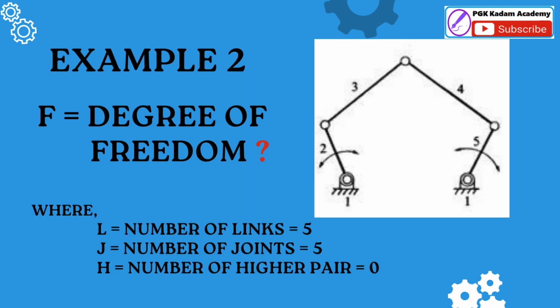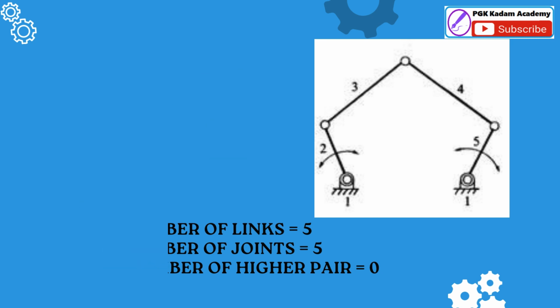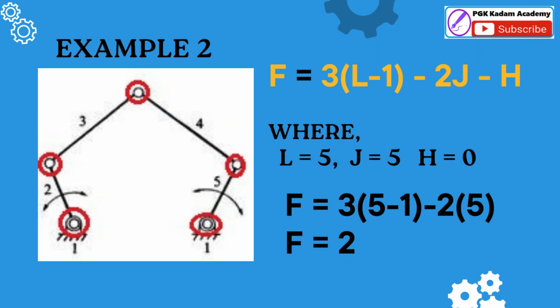Example 2, a 5-bar mechanism shown in the figure, to determine the degrees of freedom of a planar mechanism. Degree of freedom F equal to 3 times (L minus 1) minus 2J minus H. Here, by observation of the 5-bar mechanism, L equals the number of links, 5. J equals the number of lower pairs, 5, obtained by counting the number of joints.